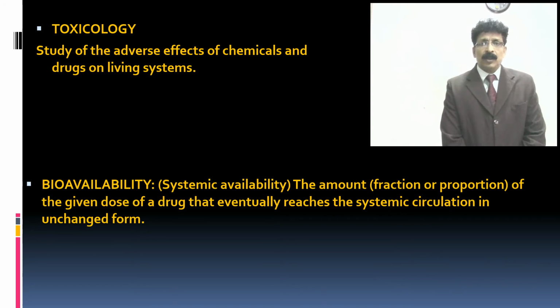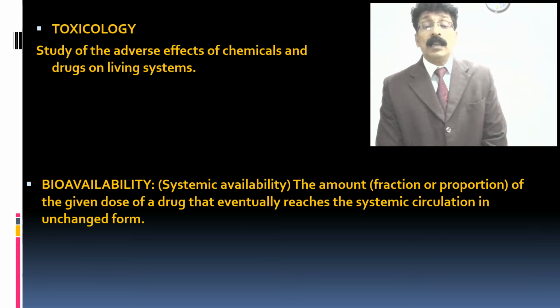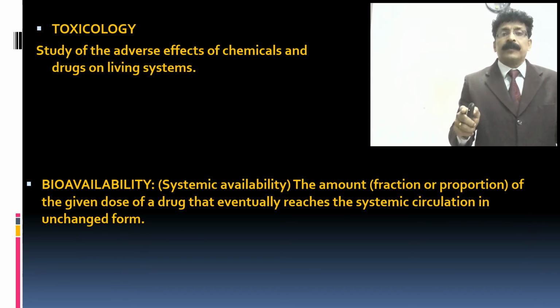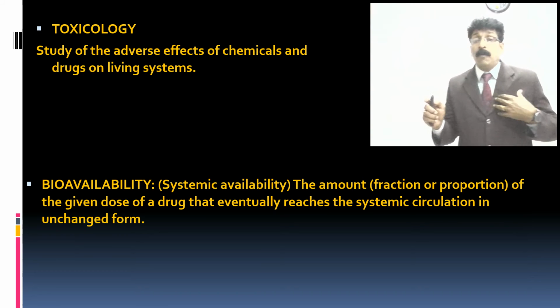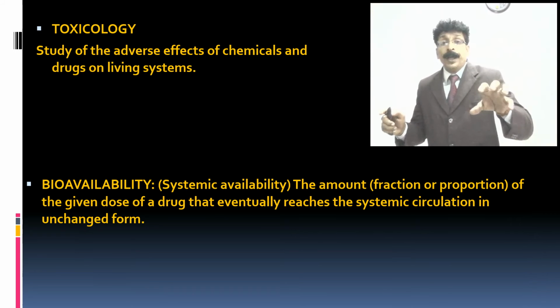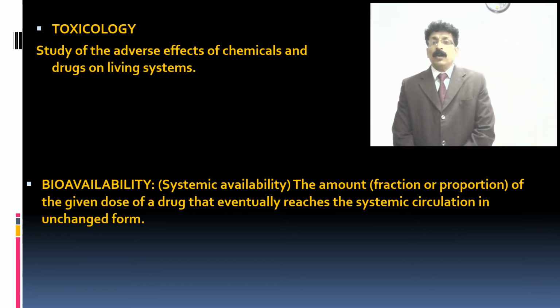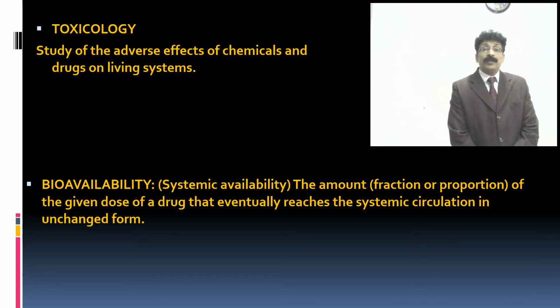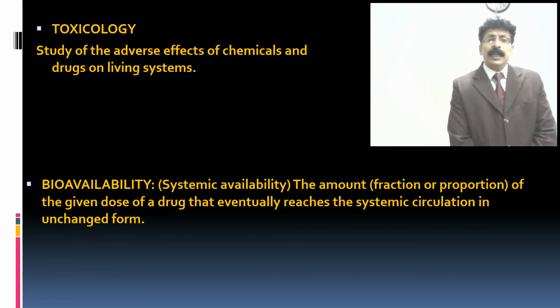What do you mean by bioavailability? Systemic availability. Systemic availability means we are talking about the system. Our body is systemic, in the bloodstream, inside the body. It is the amount, the fraction or proportion of the given dose of drug that eventually reaches the systemic circulation in unchanged form.